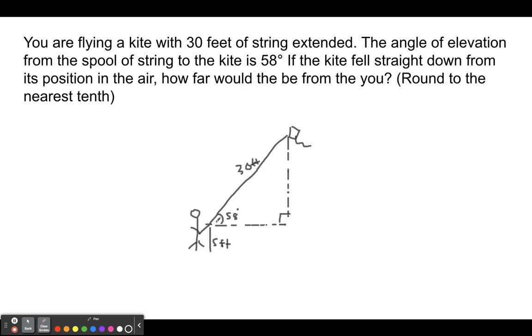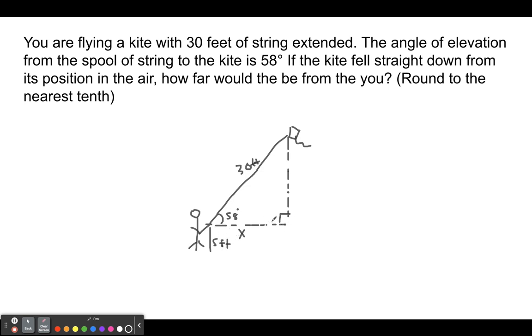And notice this time, what we want to know is the distance that you are from the kite if it fell directly straight down, meaning that the distance we're looking for is the distance from here to here, right? We want to know this distance because if that kite's just falling directly from where it's at above the ground, straight down, that distance would be the same whether you're 5 feet above the ground or directly on the ground.